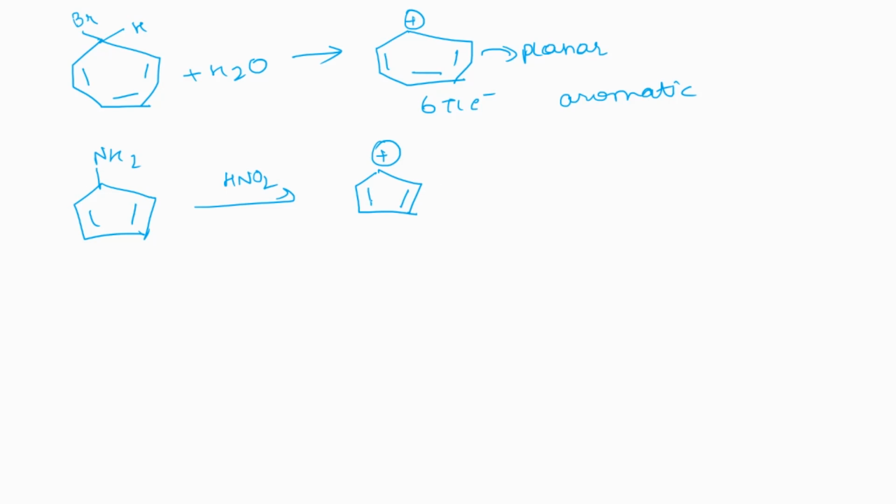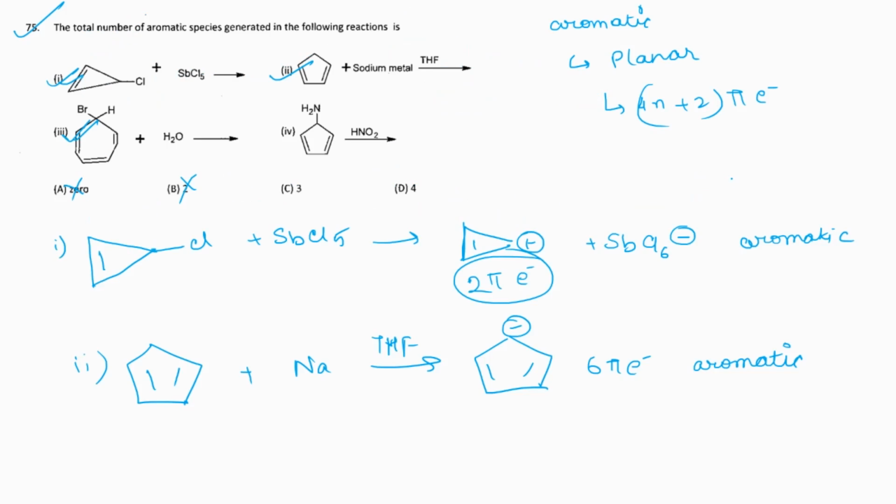Now this has 1, 2, 3, 4 pi electrons. When some species has 4 pi electrons, it is non-aromatic because it does not satisfy the 4n plus 2 rule. So this one is a non-aromatic species. The number of aromatic species I'm getting is 1, 2, 3. So my answer over here is 3.